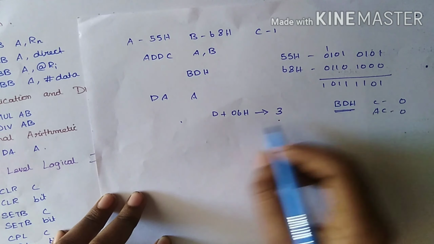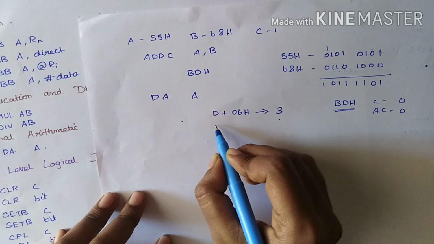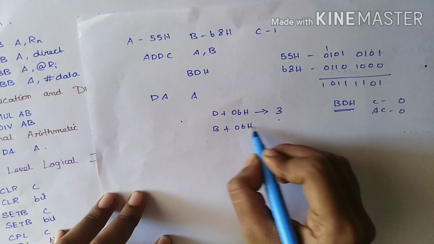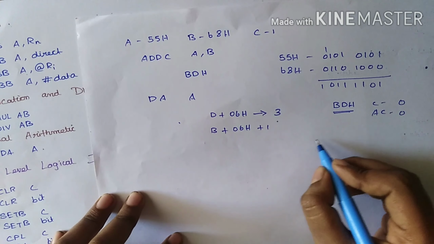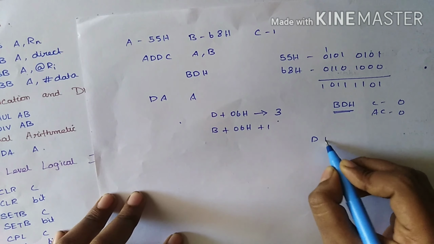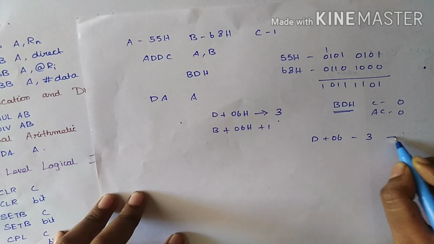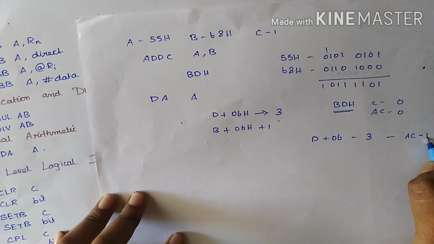Now on checking the higher nibble, this is also greater than 9, so it will add the value of 06H plus 1. Since I am adding D plus 0, 6, we get the result 3, and also the auxiliary carry flag will be set here.